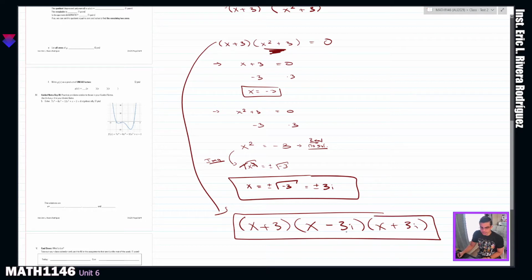Okay, and we went further on the factorization of our polynomial, putting its factor form in all linear factors. Depending on the polynomial, we are going to have linear factors with real numbers and other linear factors with imaginary numbers. Anytime you have a quadratic factor with a positive constant value, you will end with two imaginary linear factors.